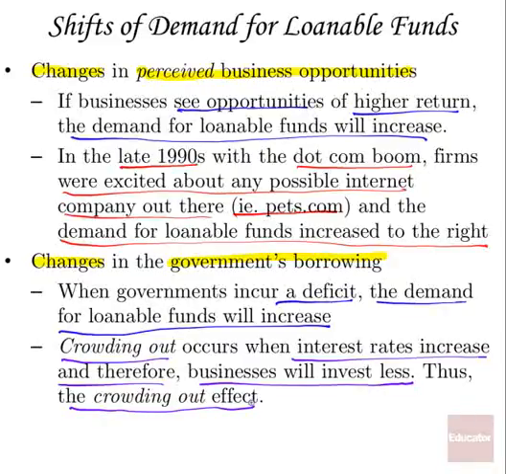But generally speaking, the correct answer is going to be a demand shift to the right of loanable funds. And therefore, it's going to crowd out private investment. So that's what's meant. The government butts in. They intervene with the private sector, and therefore less private sector investment actually takes place.